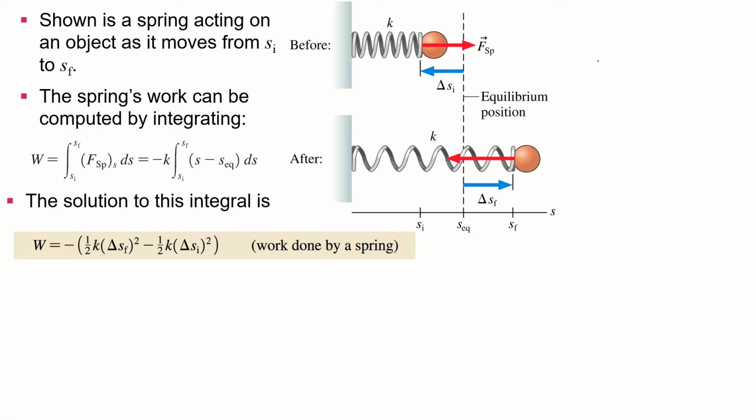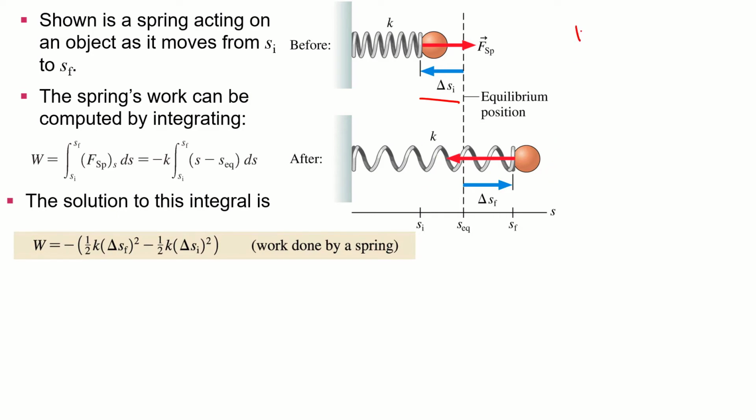So to see what I mean, let's look at an example. Let's say we have that spring attached to a wall, and I've compressed the spring some initial amount, delta S initial, delta S_i, in towards that spring. And we're curious how much work is done as that spring moves to some other position.